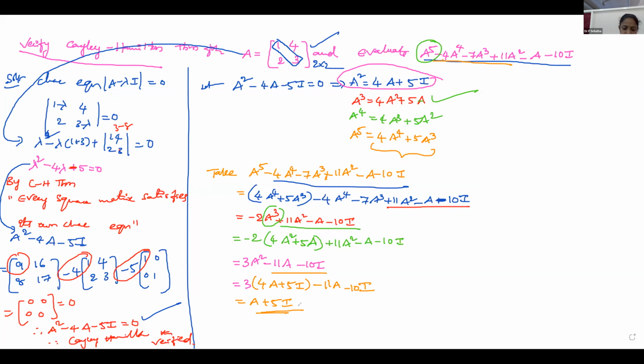The question is: verify Cayley-Hamilton theorem. This is module 2, part A, first question. Now all of you write down this question and do this problem as homework.